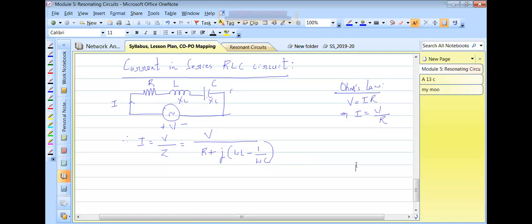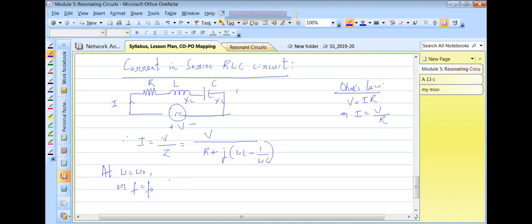Now let's think that the circuit is at resonance. If the circuit is at resonance, omega would become omega naught, or f is f naught. So at this frequency, let me write what is Z. Let's consider this as equation number 1.